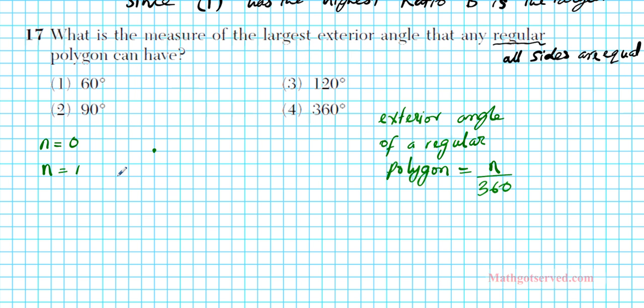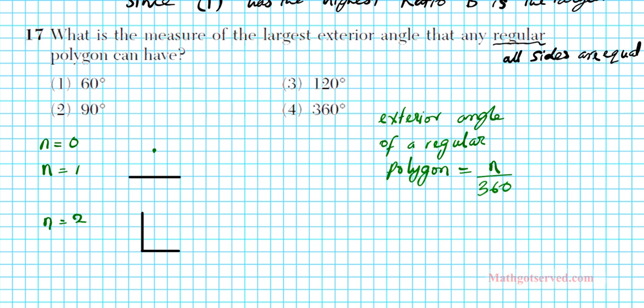For n equals 1, we have one side length. This is not a polygon, okay? And then when we have n equals 2, what do we have? Two side lengths of equal length, like this.